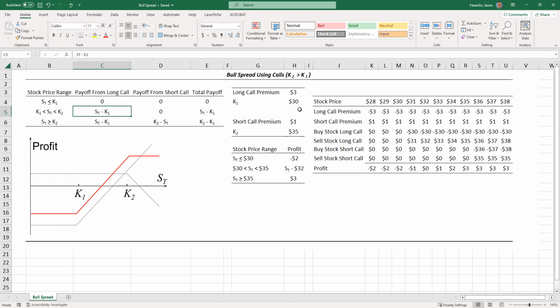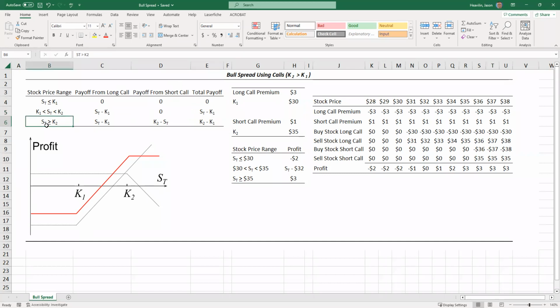So the stock price is greater than 30, and whatever is above that is your payoff. The short call would not have a payoff because it would not be exercised. Then the total payoff will be this plus 0. So all you do is take the stock price minus the strike price, and that's your payoff.